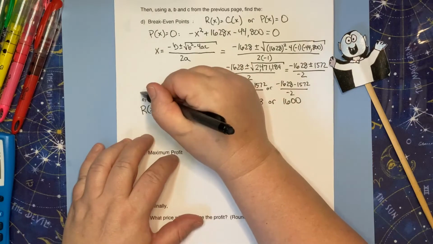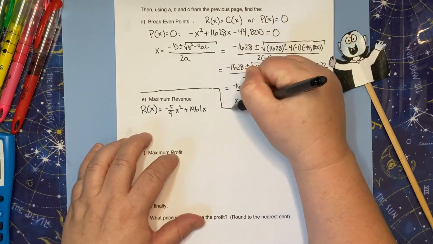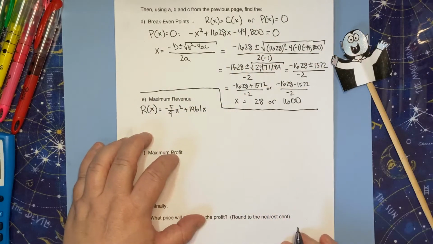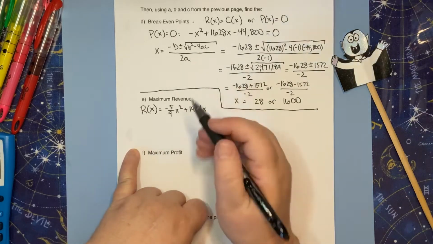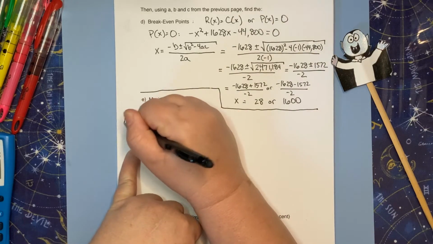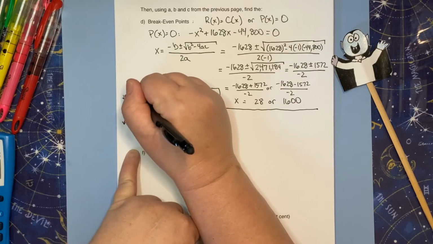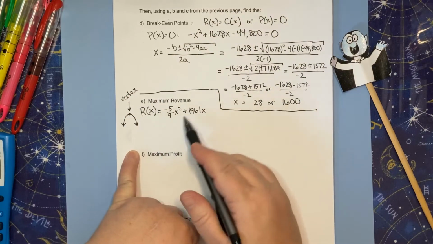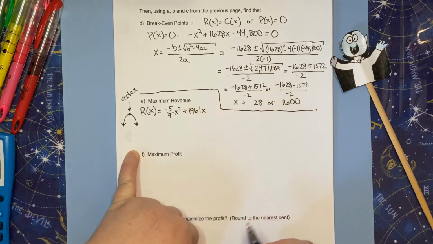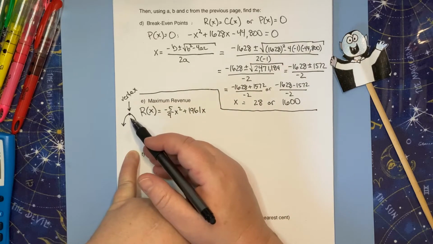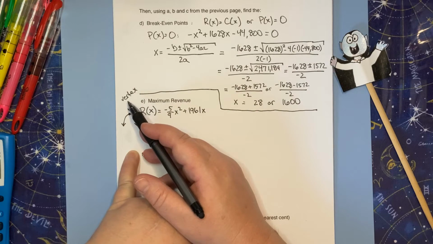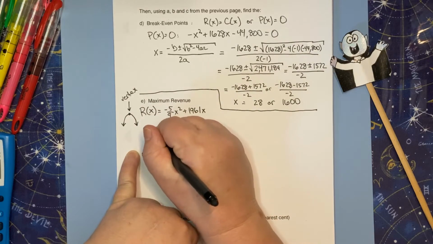I'm going to draw just a little box because the two problems are getting too friendly. This is a parabola, and it opens downward, so the maximum revenue is going to be the vertex. We have the formula for the vertex.